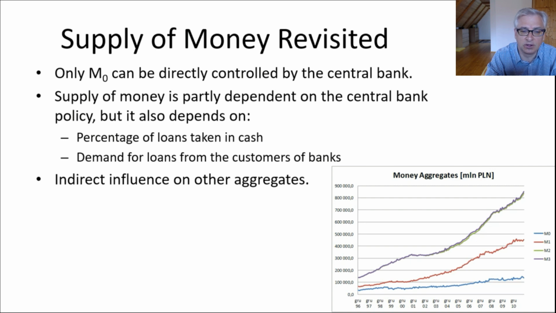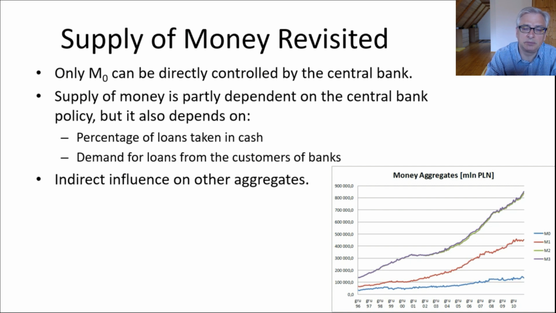The percentage of loans taken in cash is more about what customers want, and banks can influence that by setting different interest rates for cash loans and non-cash loans. And demand for loans from the customers is partly a matter of how costly those loans are. So that's the interest rate, and that could be to a great extent indirectly controlled by the central bank.